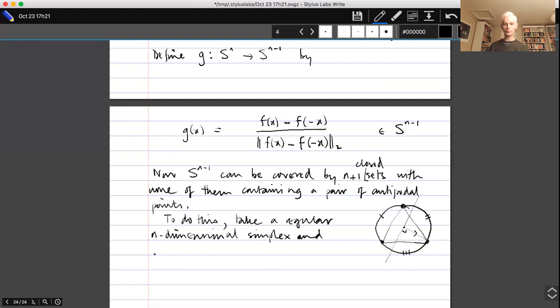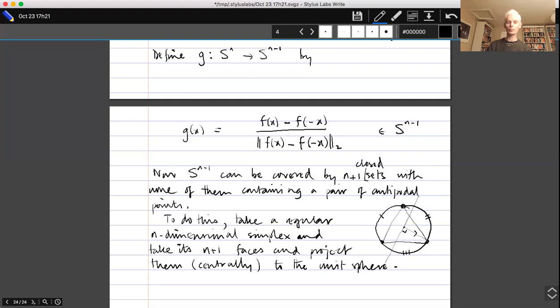And take its n plus 1 faces, which are n minus 1 dimensional. I'll take those n plus 1 faces and project them centrally, so to speak, to the unit sphere.